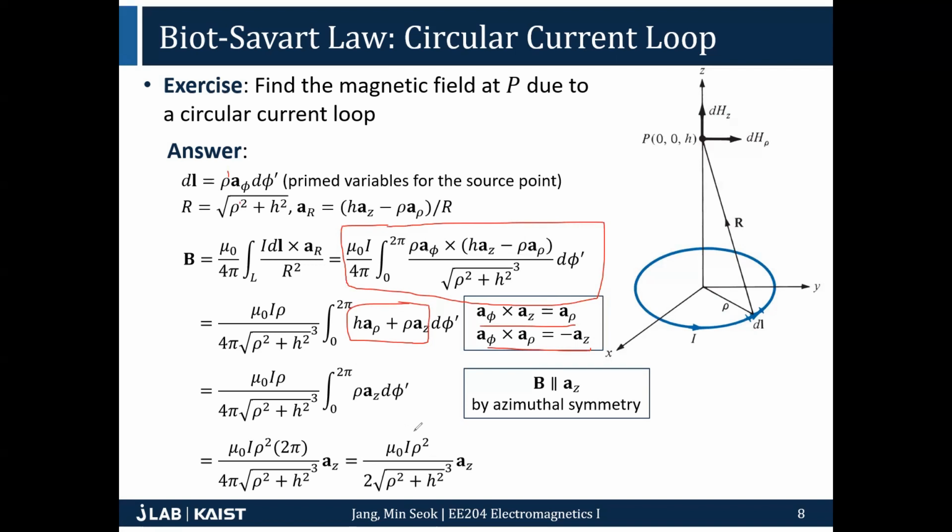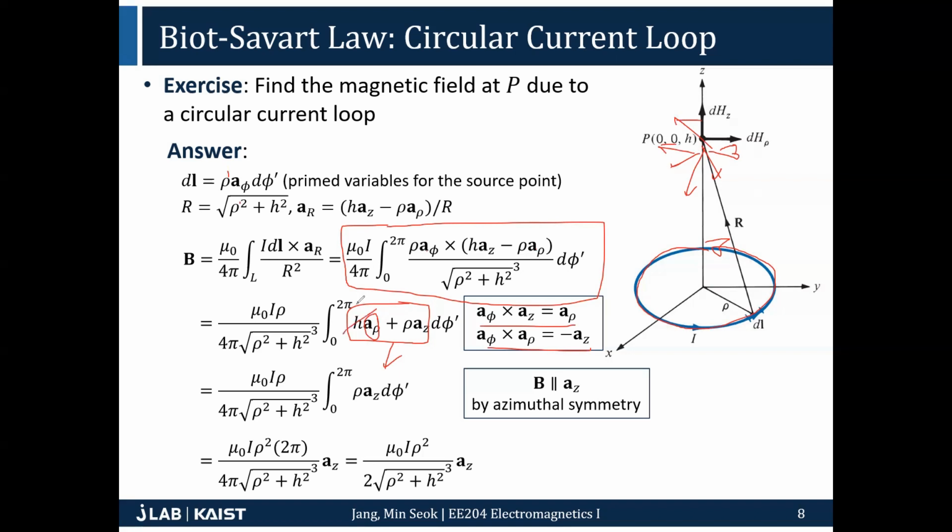One good thing about this is that we don't need to evaluate the a rho component, because the a rho component is just the radial part, and we know that the system has azimuthal symmetry. There cannot be any preferred direction in this case.